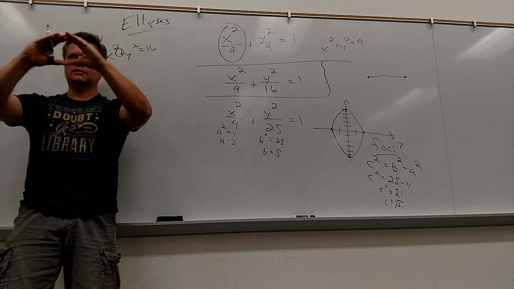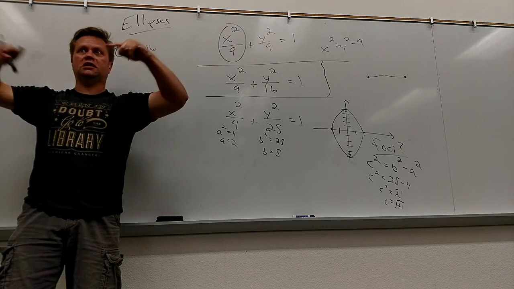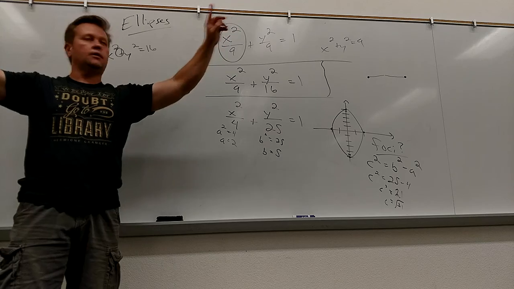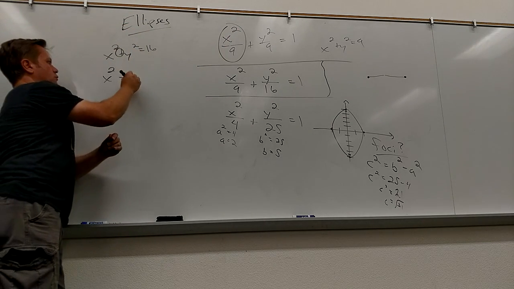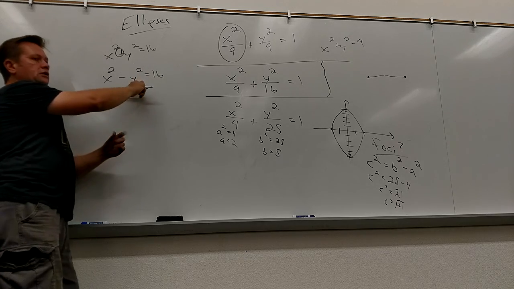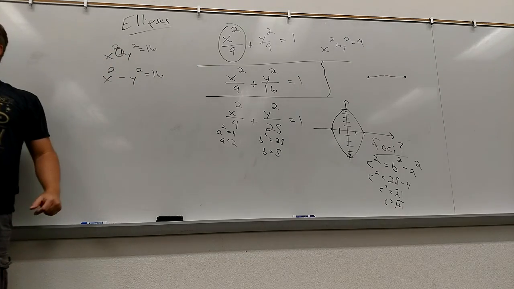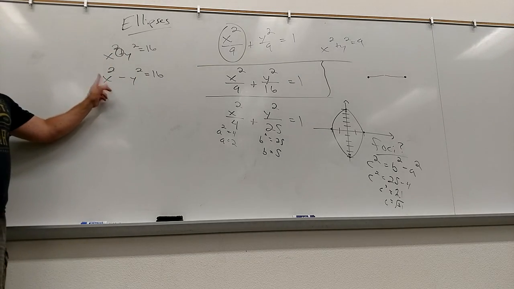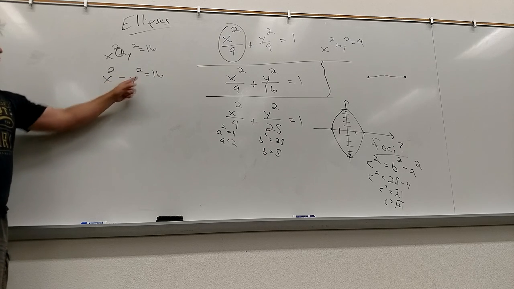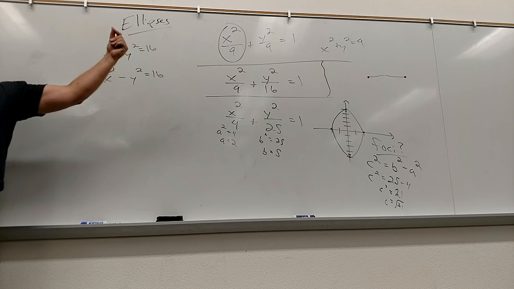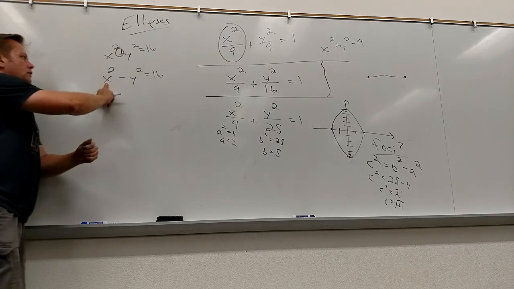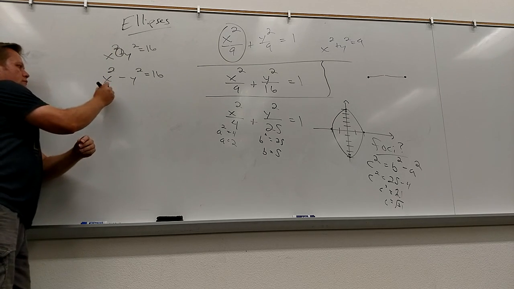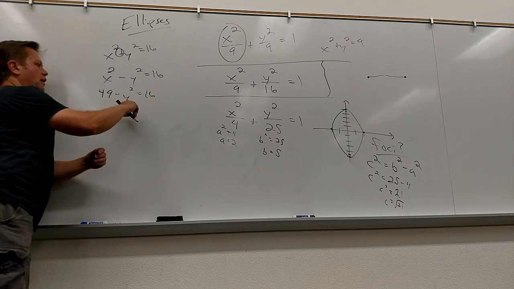If I want to make it not contained, where the variables can get as big as they want to, I got to put a minus here. If I put x squared minus y squared, now they can each get as big as they really want to. If x is 7, that's 49, y can be whatever minus that is 16. Do you guys follow? All right, so if I made x 7, can you figure out what y's got to be?